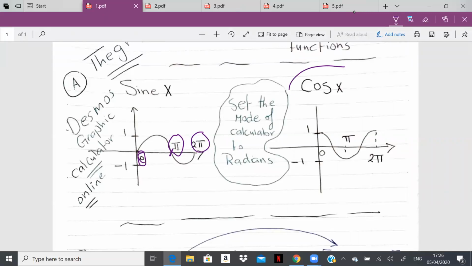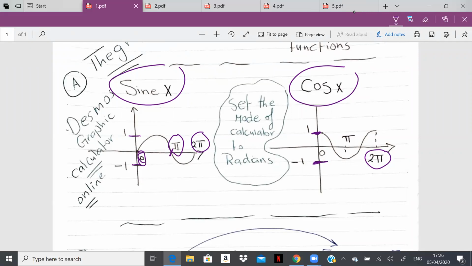For the cosine, the same thing, but it starts from the point 0, 1 because it's cosine, passing through pi and ends. Another thing you have to understand, on the y-axis it's in between -1 and 1. Always? Yeah, always.